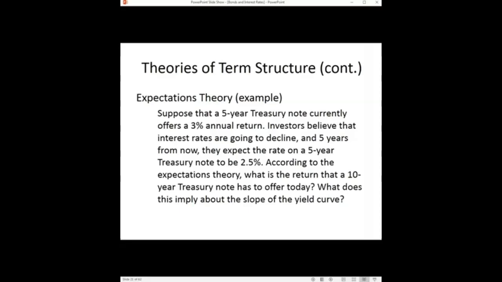Well, let's consider an investor who purchases a 5-year note today and plans to reinvest and buy another 5-year note in the future. Over that 10-year investment horizon, let's keep things simple and ignore the effects of compounding for just a moment. This investor expects to earn 27.5%, which is simply 5 years at 3%, that's 15%, plus 5 years at 2.5%, that's 12.5%. We add those two together, and that's where we come up with 27.5%.